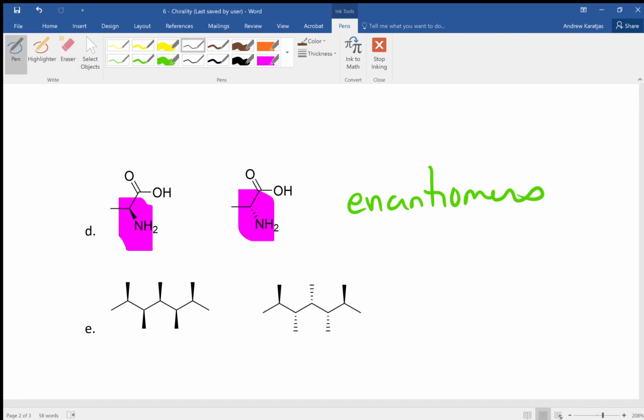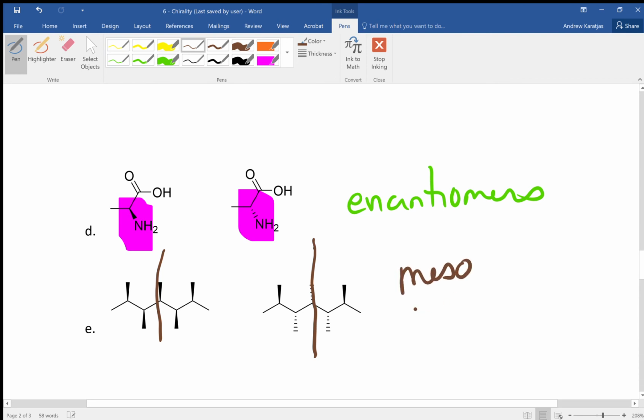Part E, again, the key in Part E is very much like one of the previous questions. If we draw a line like that, you can see that these molecules are symmetric. We can see it on this side as well. That again makes these examples of meso compounds, and therefore they're not chiral and they're the same.